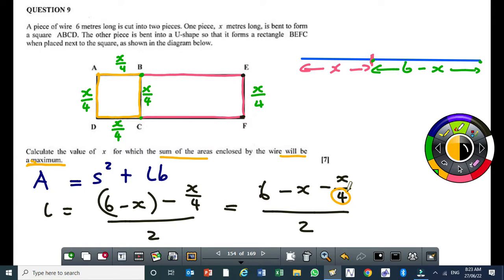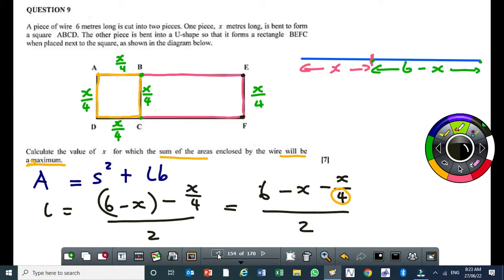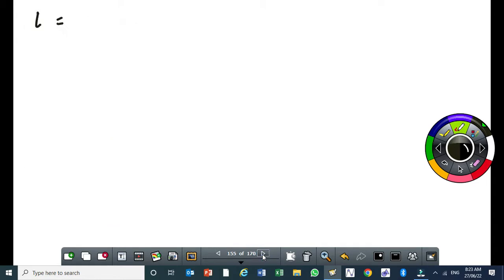Okay, so let me go to the next page. On the next page, my length is going to be equal to, because if I multiply 4 by 6, I'll get 24.